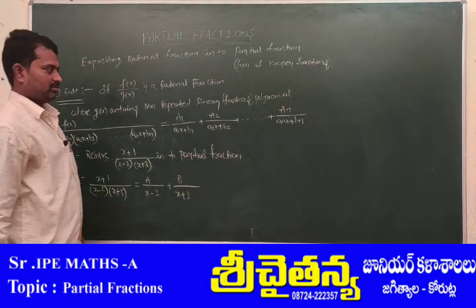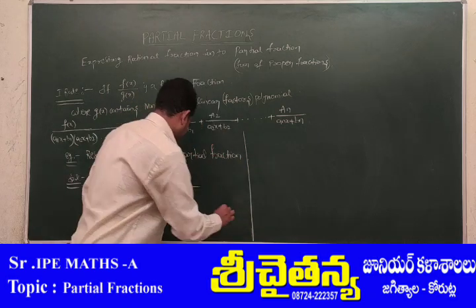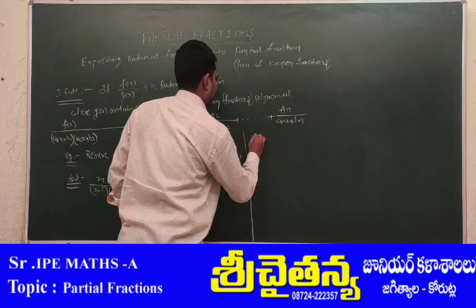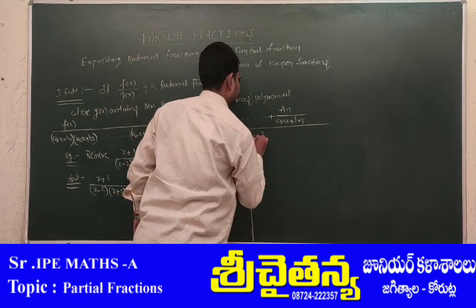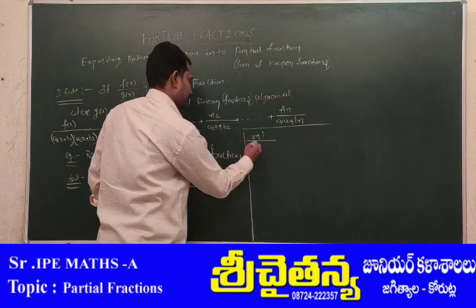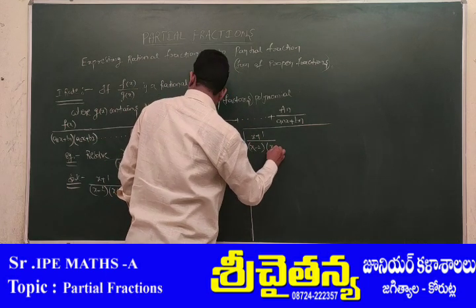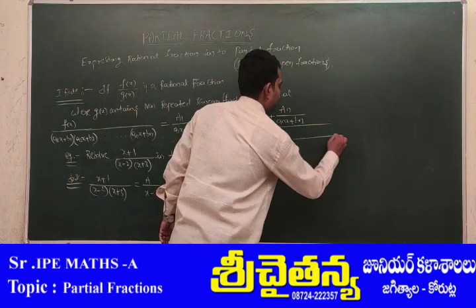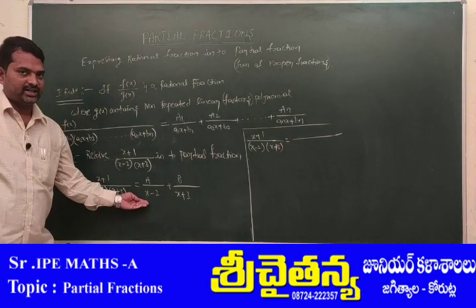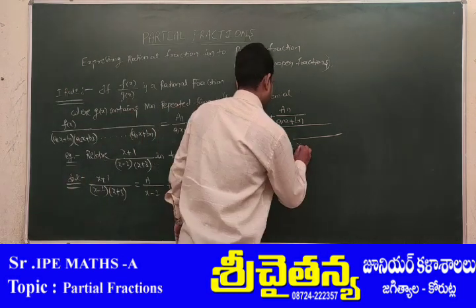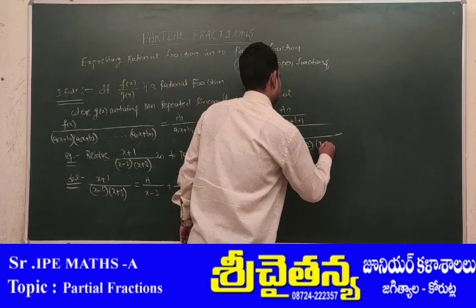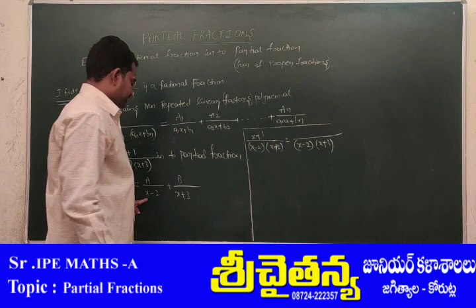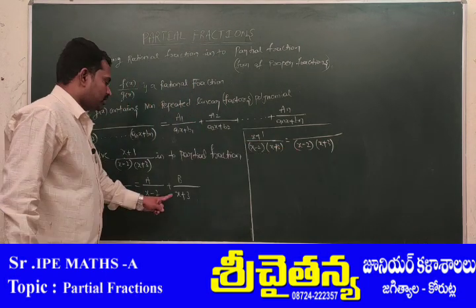Now we have to solve this question directly. First, (x plus 1) by (x minus 2) into (x plus 3) is equivalent to A by (x minus 2) plus B by (x plus 3). What is the LCM of the right hand side? The LCM is (x minus 2) into (x plus 3). Now simplification: x minus 2 will be cancelled, what is remaining?